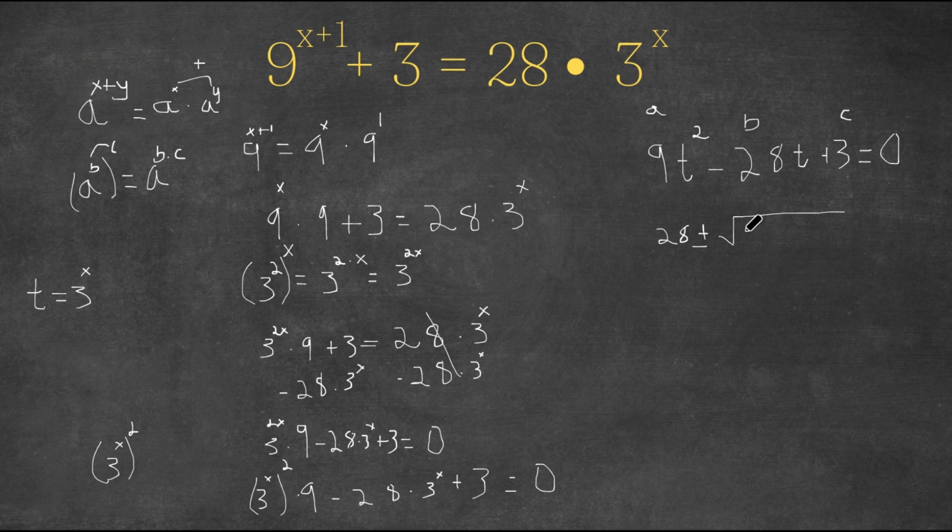or negative 28 squared, well, it doesn't really matter which one, 28 squared, minus 4 times a, which is 9, times c, which is 3, divided by 2 times 9, which is 18.